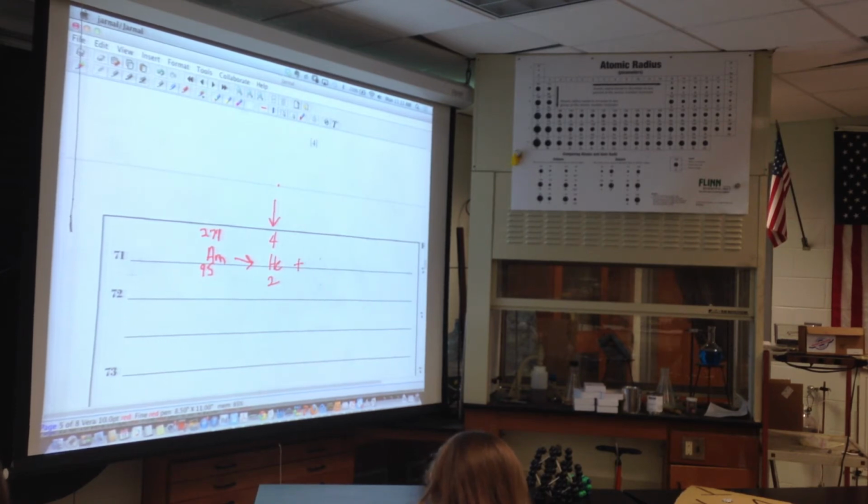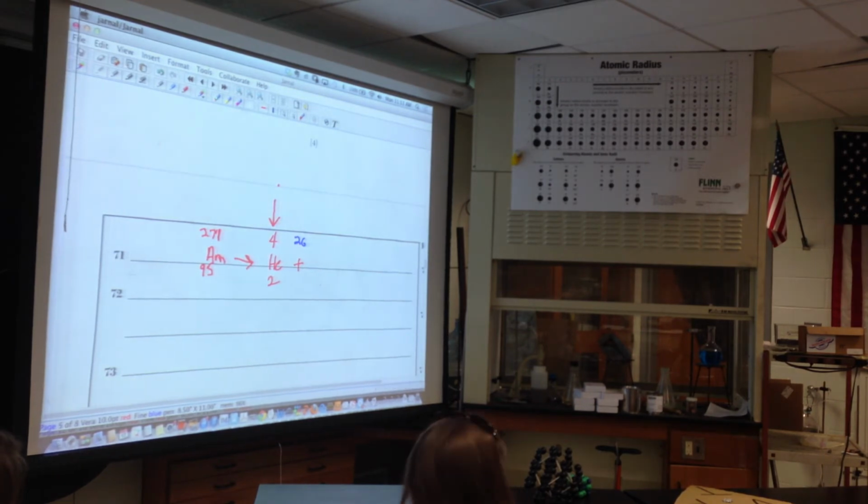So I got that alpha particles are emitted. Here's how we do this, party people. What number plus 4 is 241? 237.